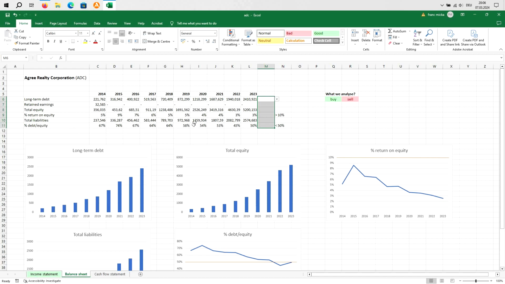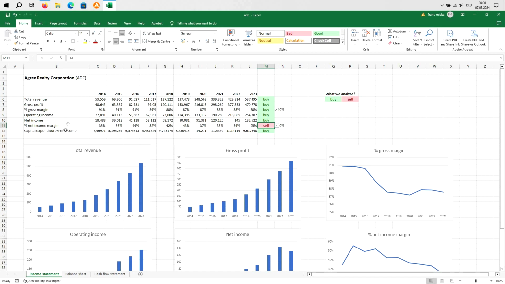And now we come to the balance sheet, and here we will analyze firstly long-term debt, okay? Preferably, bro, we want long-term debt to be as little as possible or even going lower and lower through the years. But unfortunately here the long-term debt is growing, precisely here in 2023, which could mean that they started to invest much more into the company because as you can see here in the income statement, net income fell slightly in 2023, okay?